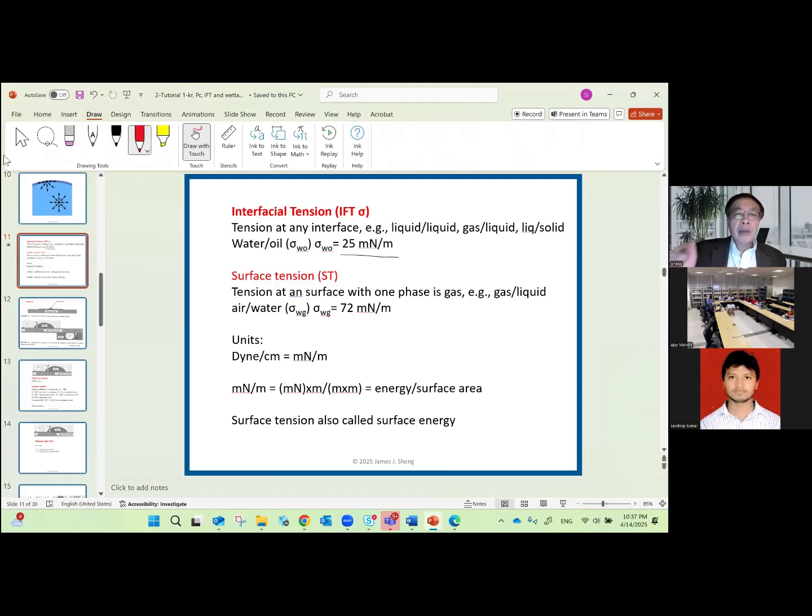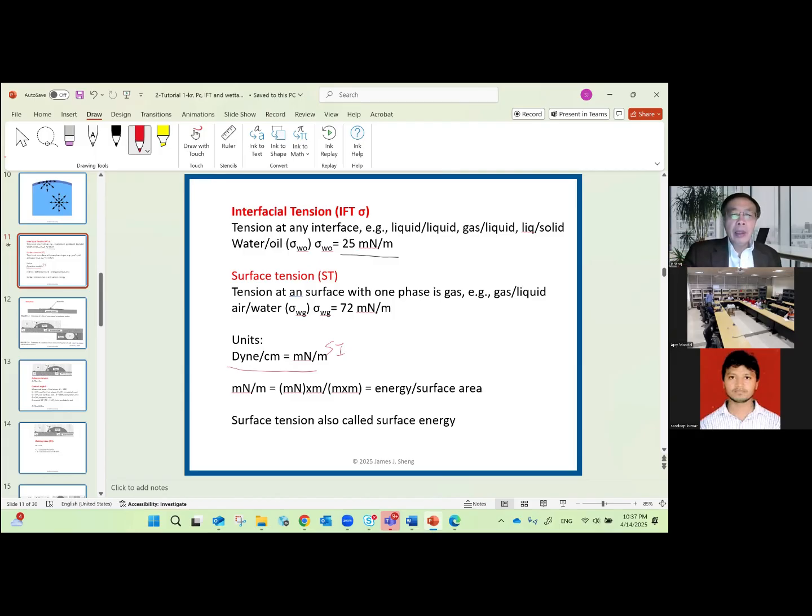Let's look at this unit, an inconvenient unit: dyne per centimeter. Dyne per centimeter is exactly the same as millinewton per meter in SI units. These two units are exactly the same.